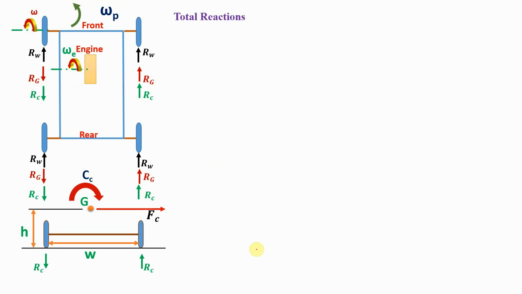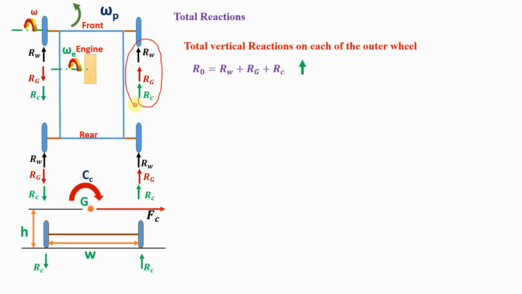Now let us find out the total reactions on each of the wheels. So the total reaction on each of the outer wheels. Reactions on both the outer wheels are acting upwards, all the reactions, so we can add them, Rw plus Rg plus Rc. So of course their summation will be positive and the net reaction will also be positive. So Ro is the total reaction on each of the outer wheels and it will act in upward direction.